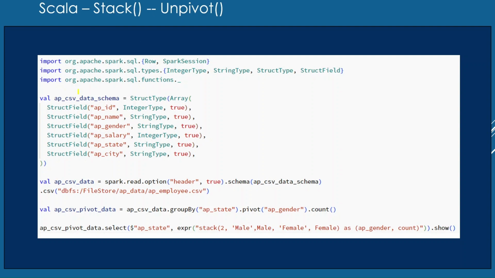So in this exercise, I am just importing all the required libraries. Here I am creating a custom schema with the help of a StructType and a StructField. Here I am defining column names and their data types with the help of a StructField. You can see over here, there are 6 columns and their data types.